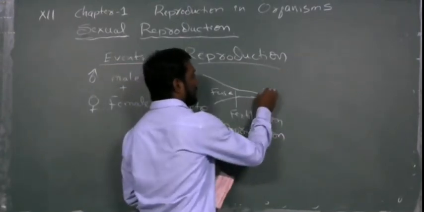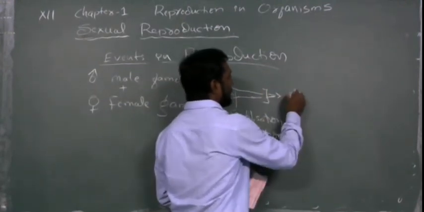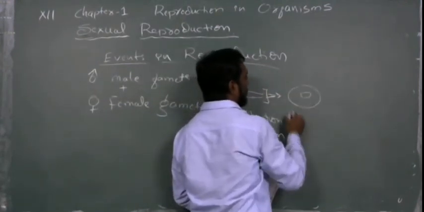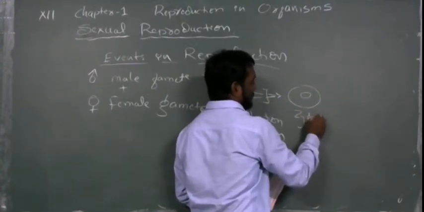Then they give rise to a single cell, called the zygote.